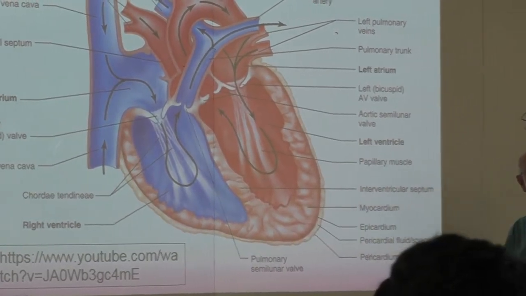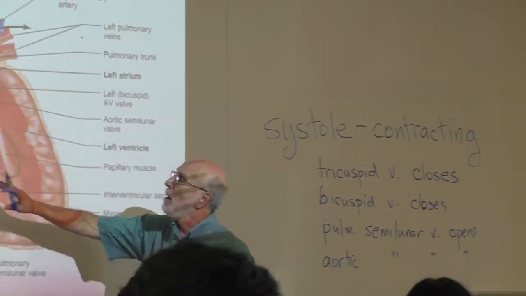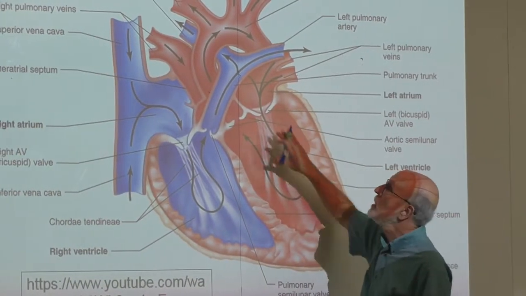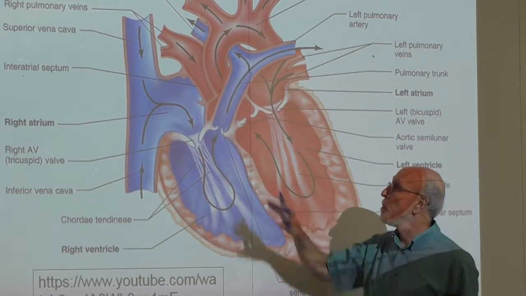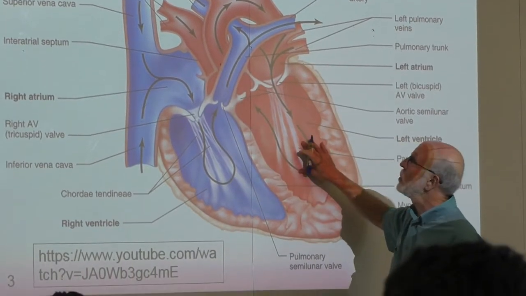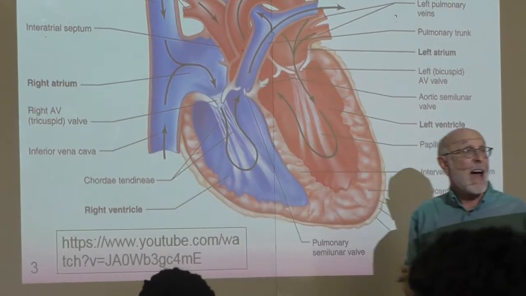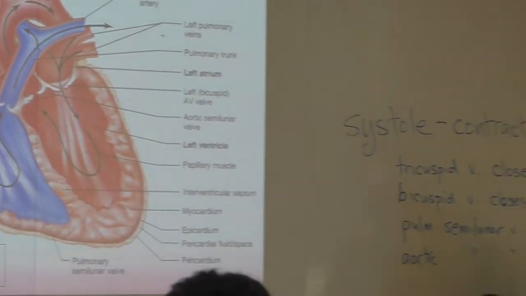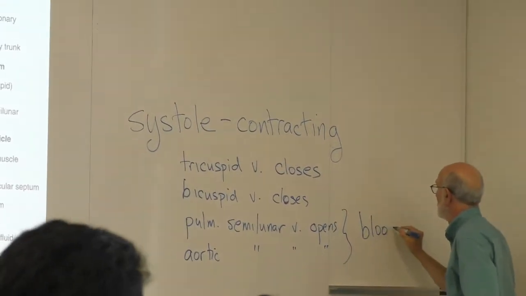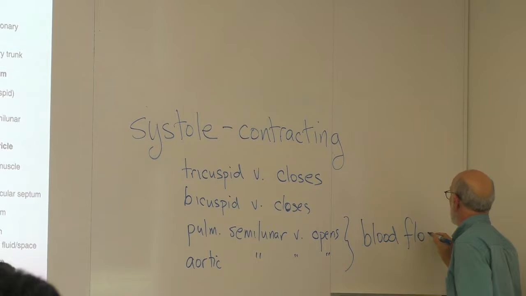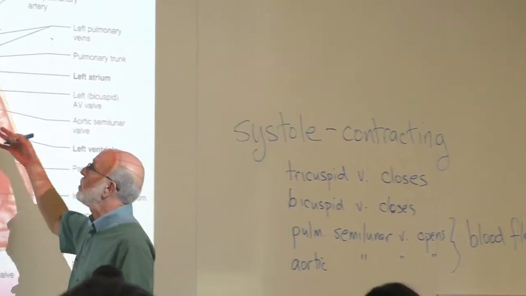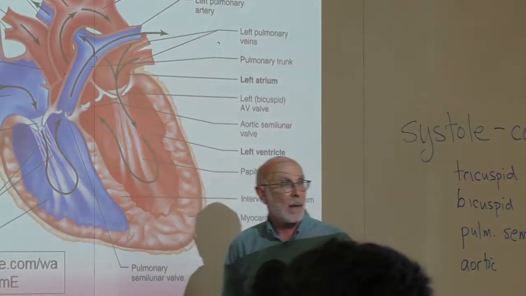These valves open and blood is forced out from the ventricle into the pulmonary artery, from the ventricle into the aorta. Let me say that again. From the right ventricle into the pulmonary artery, from the left ventricle into the aorta. That's blood flow. Blood flows from the right side to the lungs, blood flows from the left side to the body.